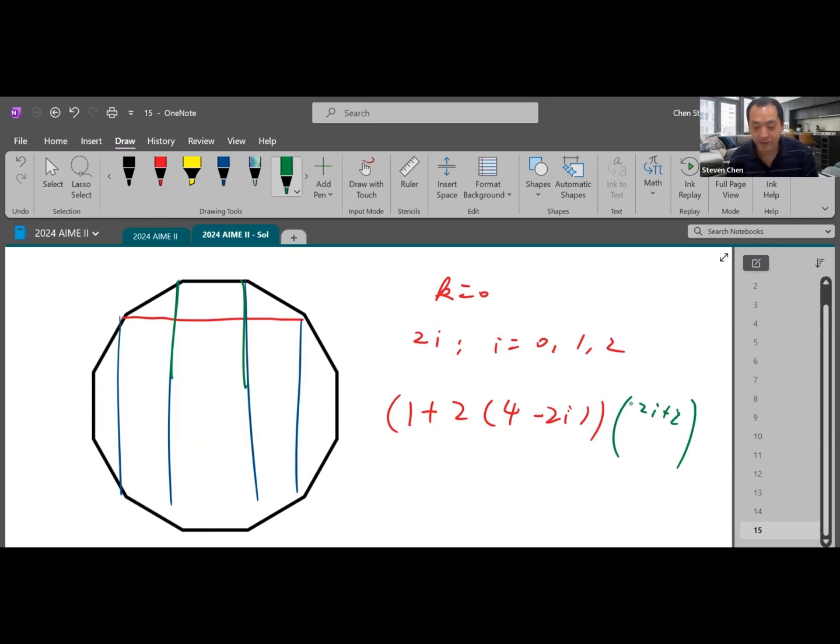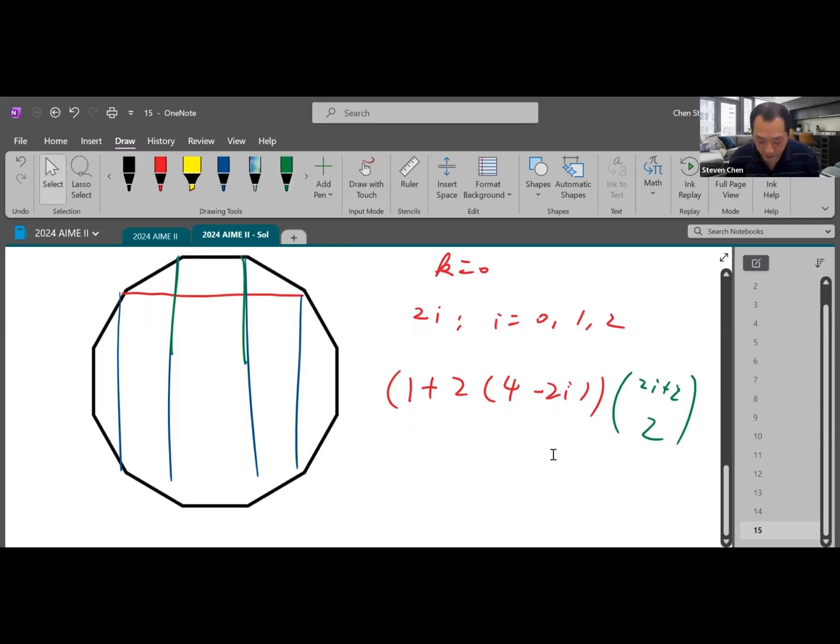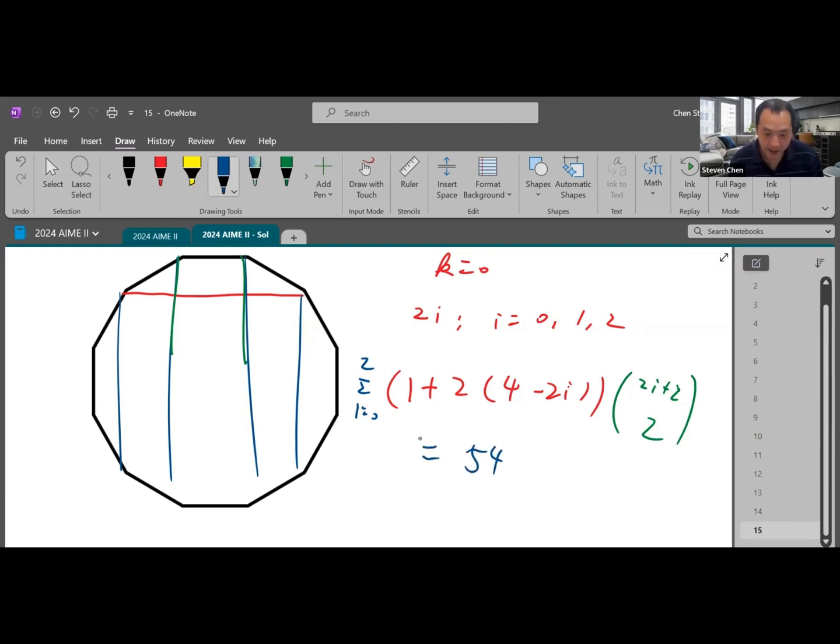So we select 2 vertical lines from this number. This is the total number, okay? And then we sum over i from 0 up to 2. So this gives us the total number of rectangles that we can form by using one pair of horizontal lines and one pair of vertical lines. By doing some algebra, this number is equal to 50.